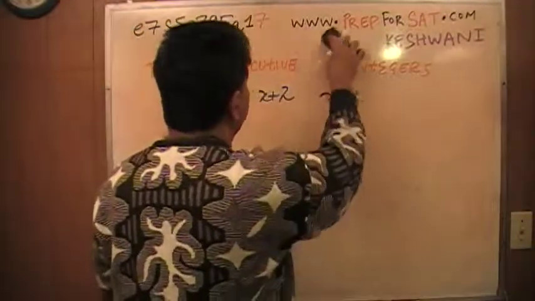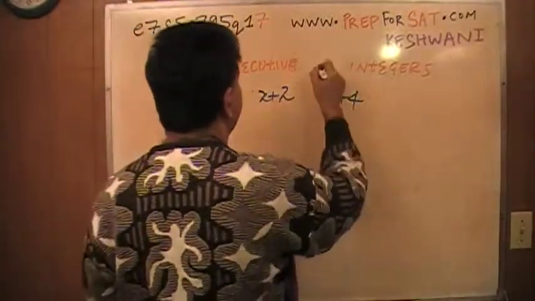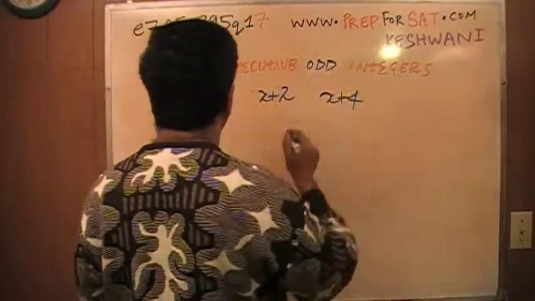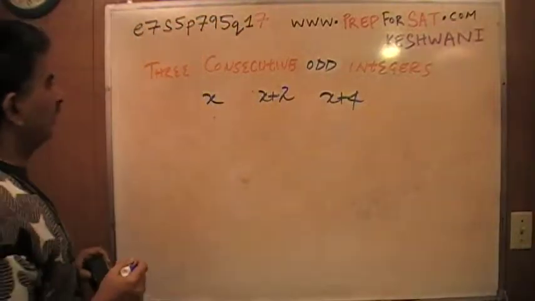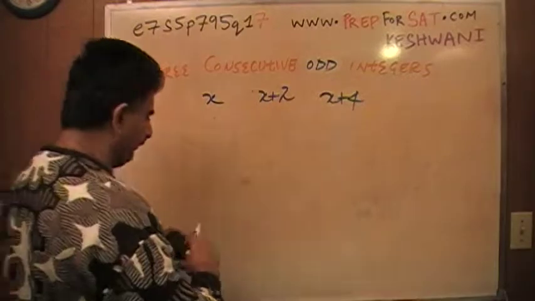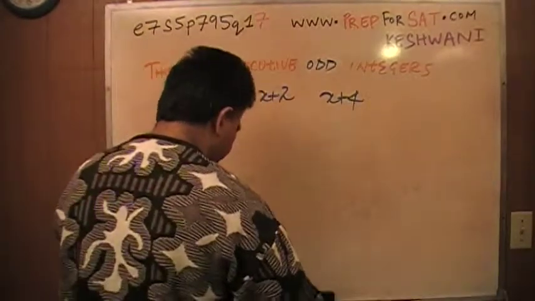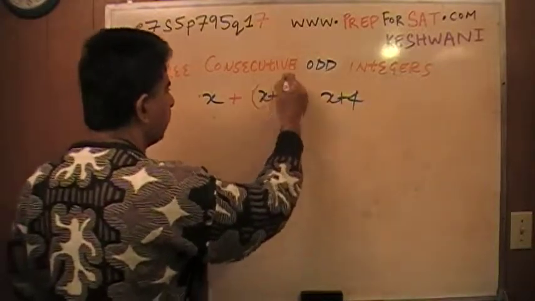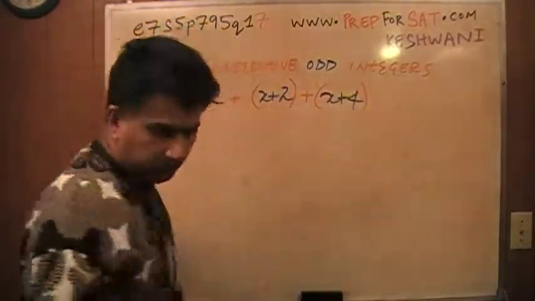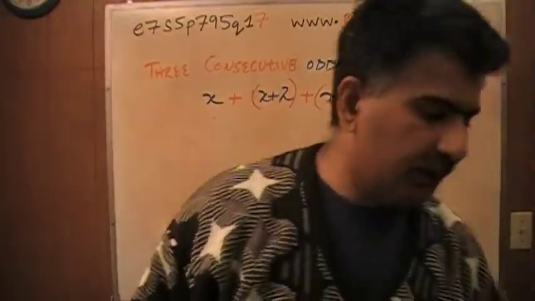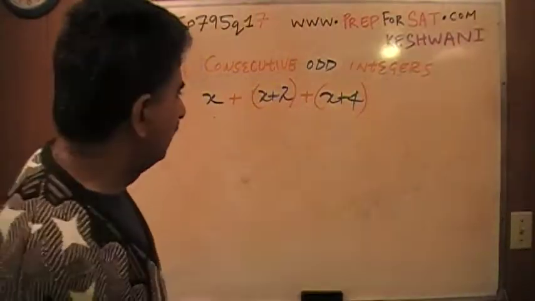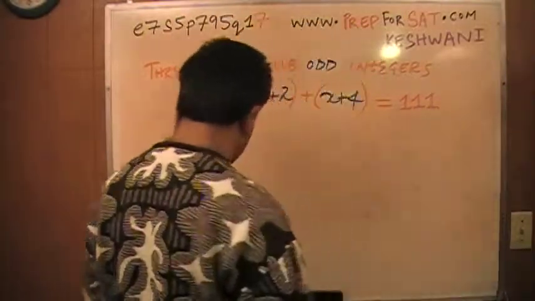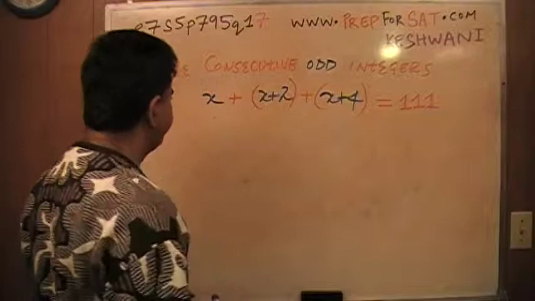So back to our odd integers. We are told that the sum of these consecutive odd integers, there are 3 of them, and we are told that their sum is, I believe, 111. Yep. Let's simplify quickly.